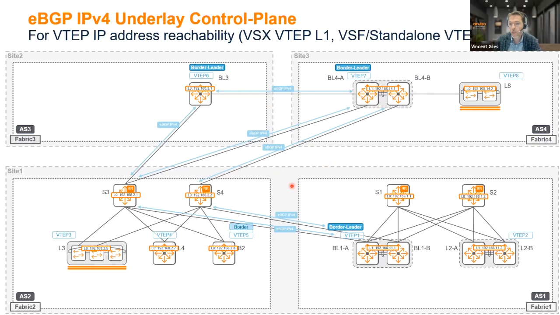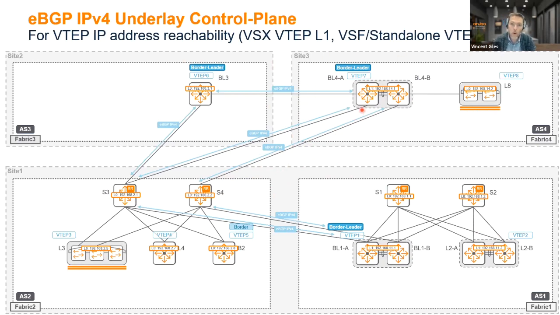And why not leverage what we have already in place inside the pod, inside the fabric? Let's use OSPF and inject OSPF into BGP, and then learn on another site the routes through the injected OSPF routes inside BGP, so that the routes are received on the other sides through BGP.